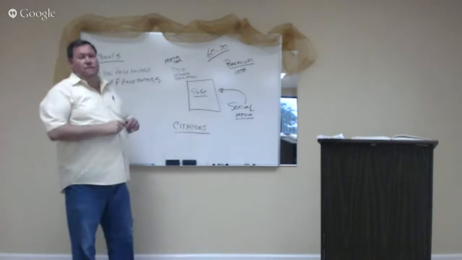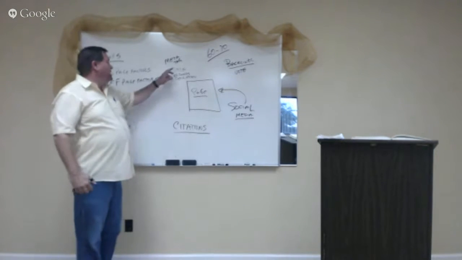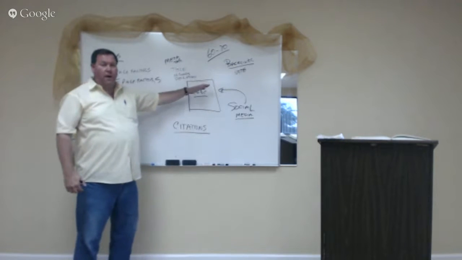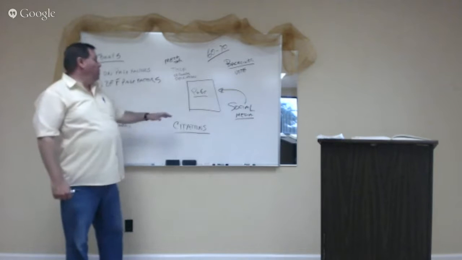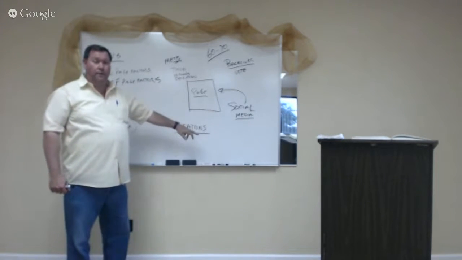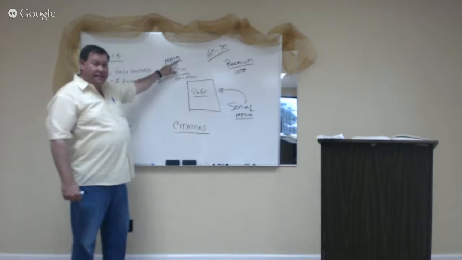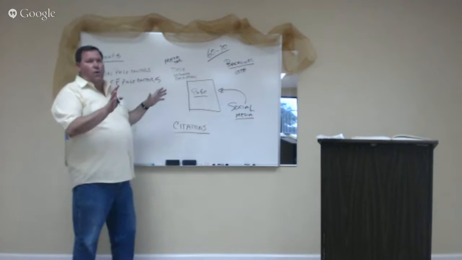Meta means before or after. So these tags are either before the content or after the content. In the online world, meta tags are always before. It's exactly that, a tag, so that when Google comes by, it can say, oh, that's what this site is about.